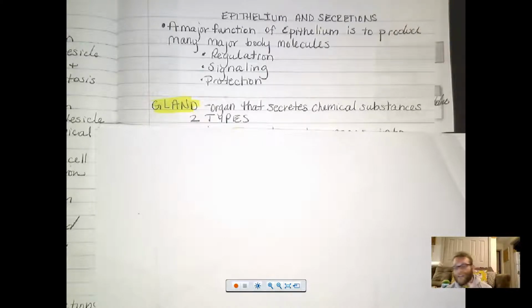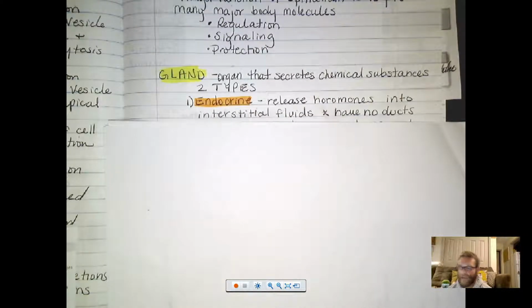There are two types of glands that exist inside of the body. The first type is called an endocrine gland. Endocrine glands are extremely common in the body. What sets endocrine glands apart from other glands is that you do not have a duct through which you are secreting materials. You actually release these materials into the interstitial fluids around the cell.